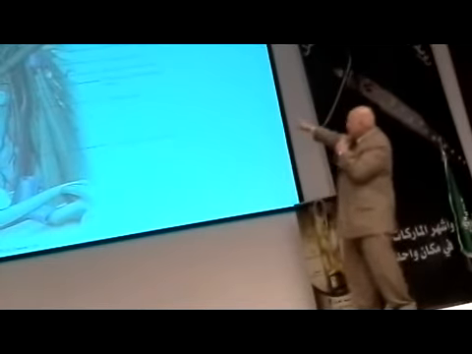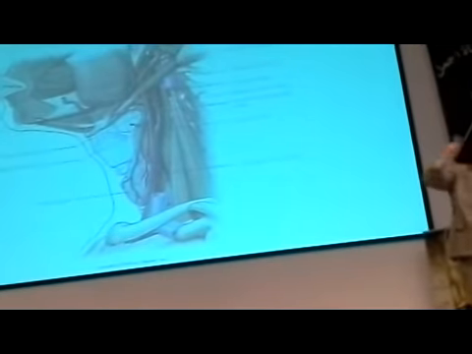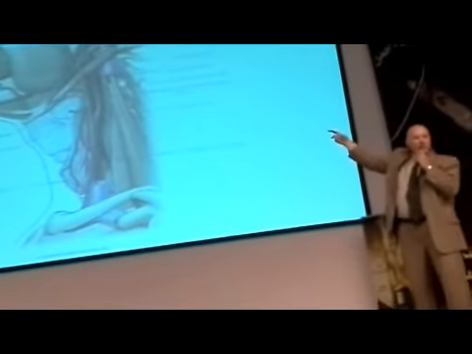Very, posterior auricular. More, maxillary. Surprised, superficial temporal. So this artery, the external carotid artery, divides inside the parotid gland into two branches. One is called the superficial temporal, and the other one is called the maxillary artery.